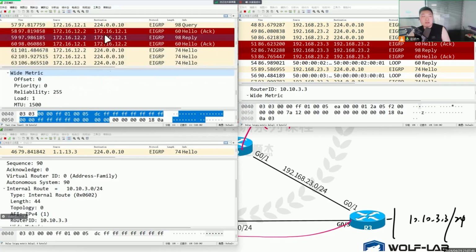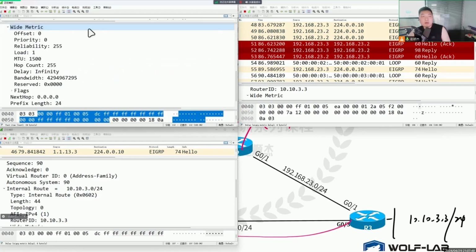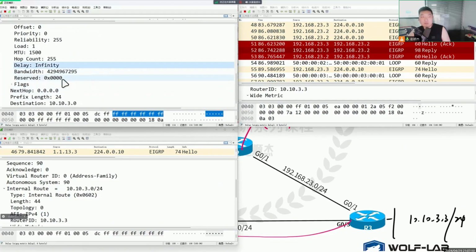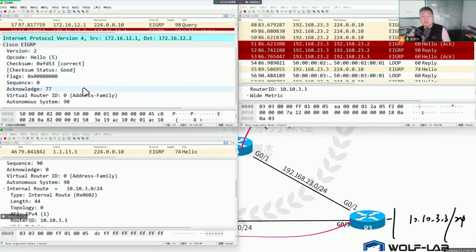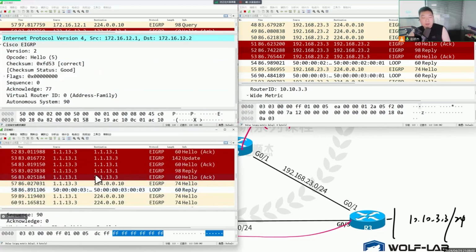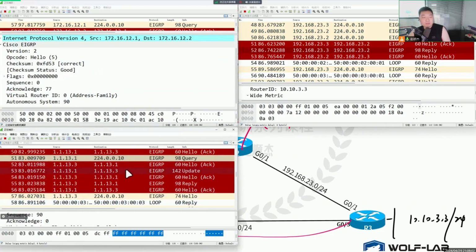Then R1 replies with an ACK. I understand, then this entry is deleted. After such a discussion, R1 successfully removes this entry from its database, because R3 also tells R1 this entry is not available.